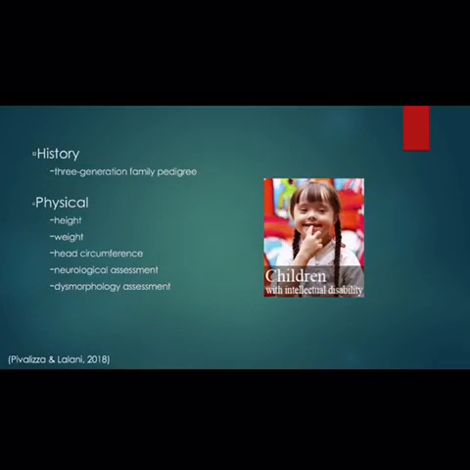If the test is suggestive of developmental delay, a thorough developmental and behavioral evaluation should take place. This includes a comprehensive history with a 3-generation family pedigree and a comprehensive physical in which height, weight, and head circumference are measured and neurologic and dysmorphology assessments are performed.